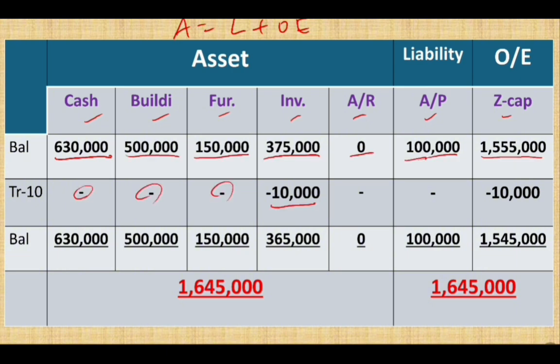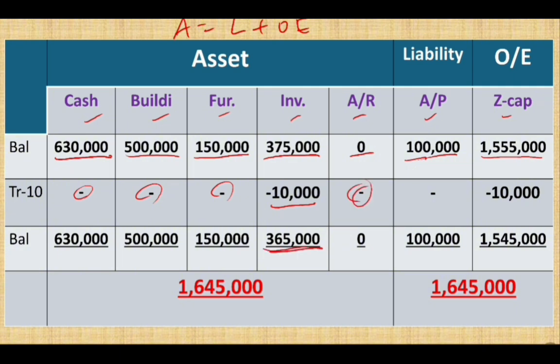So during transaction 10, there is no cash involved, there is no building, there is no furniture, but an inventory that amounts to 10,000 is stolen by someone. Therefore, our inventory is expected to reduce by this amount, by 10,000, because it's already been stolen.